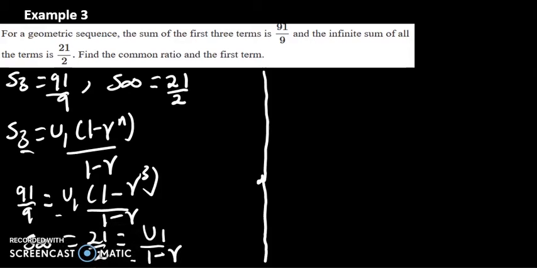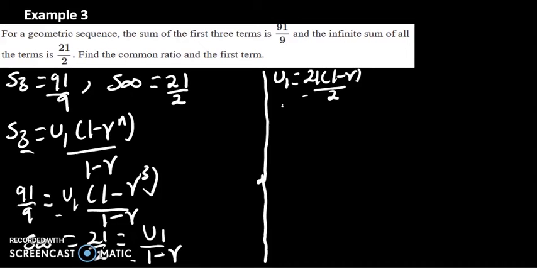From the second equation we can deduce that u1 is equal to 21 times 1 minus r, divided by 2. So we can simply substitute this into the first.